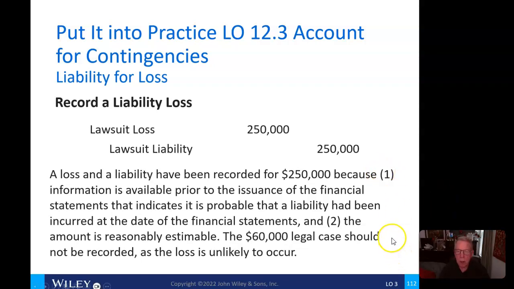And number two, the amount is reasonably estimatable. The $60,000 legal case should not be recorded because that loss was unlikely to occur. It was a remote likelihood.